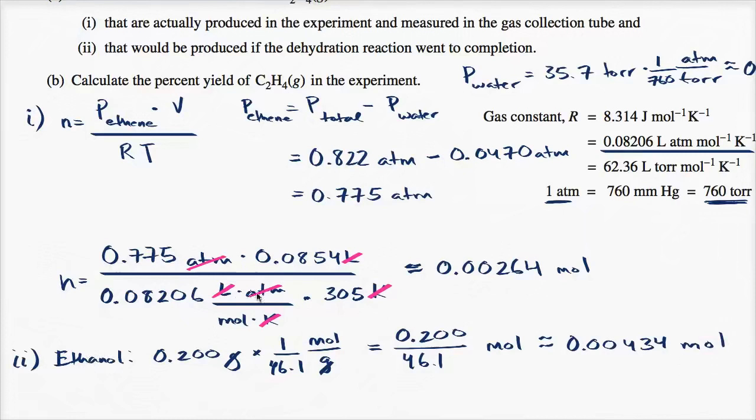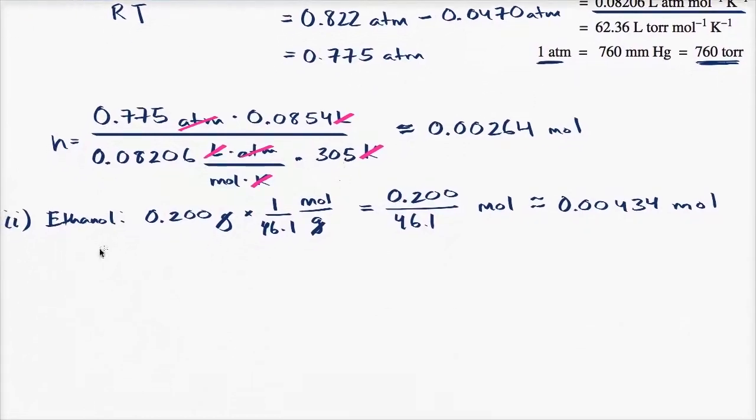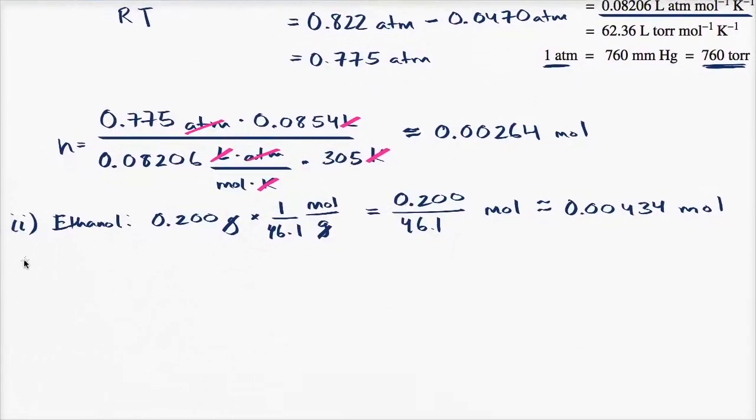So what we've seen so far, if we have this many moles of ethanol, well, if they completely react, then we should end up with that many moles of ethene. And so let me write it this way.